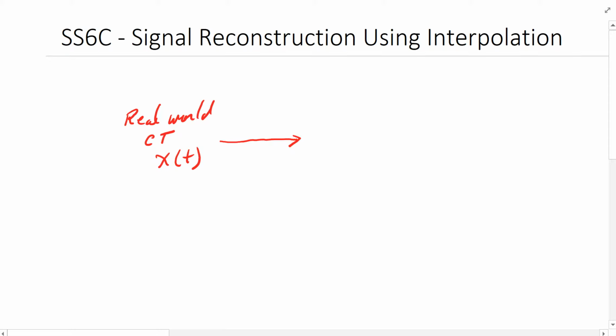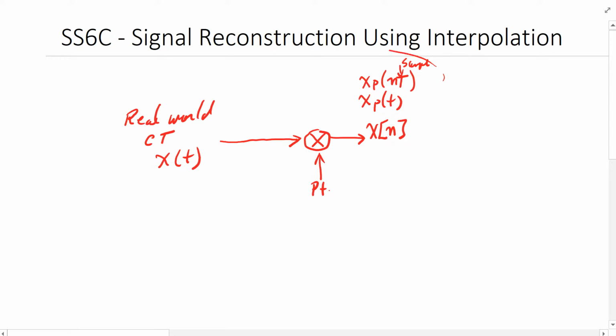Rather, we have to have a series of numbers representing the signal. So in order to do that, we were able to sample it using our p of t. And then what we get back out is x of n, or we call it xp of t, or xp of nT, where this T is the sampling period.